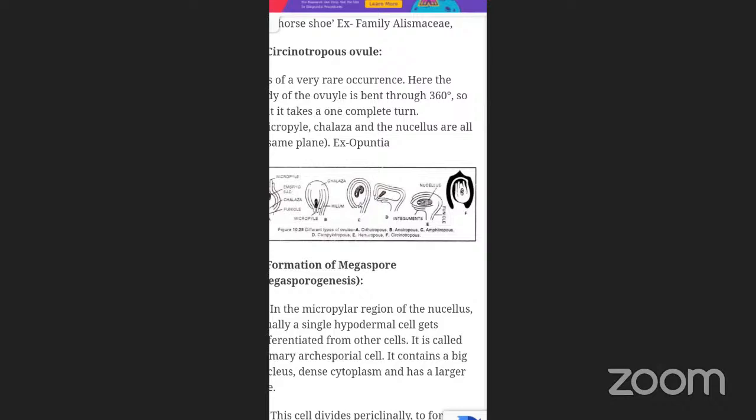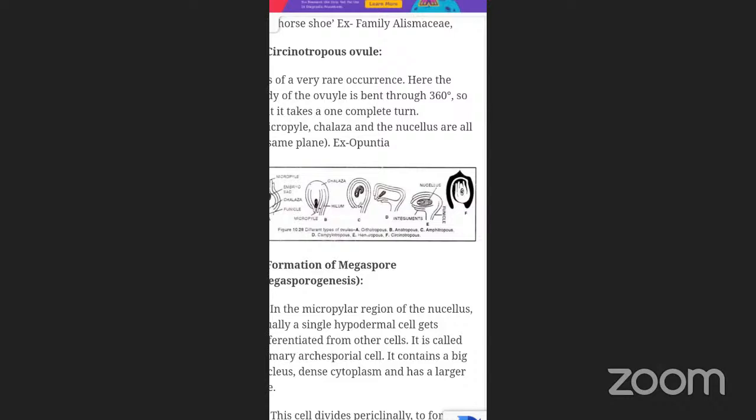The ovule is totally curved to become a horseshoe-shaped structure. The curvature of the ovule is more pronounced here, and it also extends to the embryo sac, which becomes horseshoe shaped. In the Amaranthaceae and Butomaceae families, you can see the amphitropous ovule.